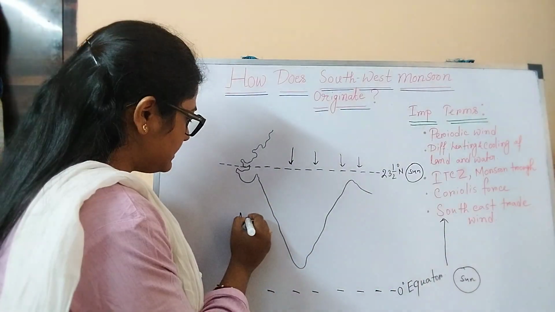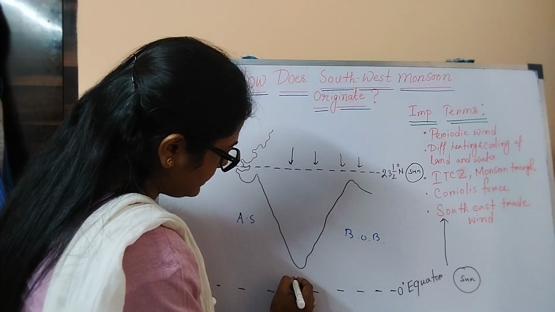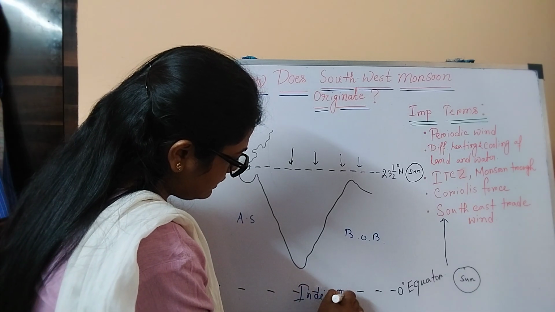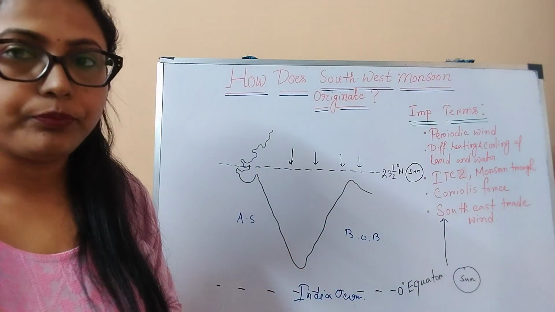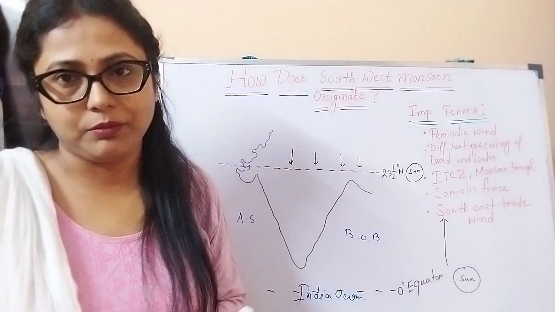Here is Arabian Sea, here is Bay of Bengal, and there is Indian Ocean. We all know this is Indian Ocean. Clear? So here, in which part low pressure can be formed?